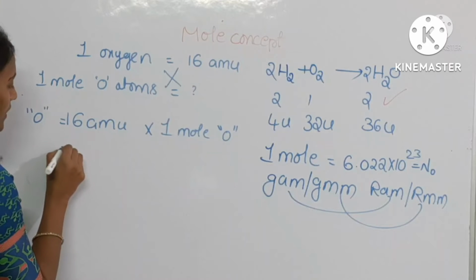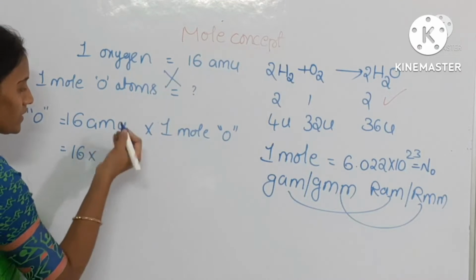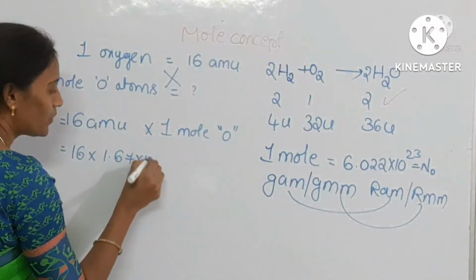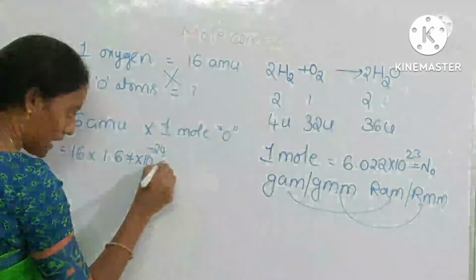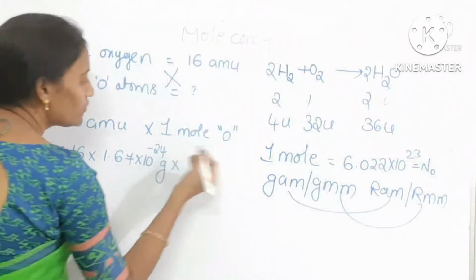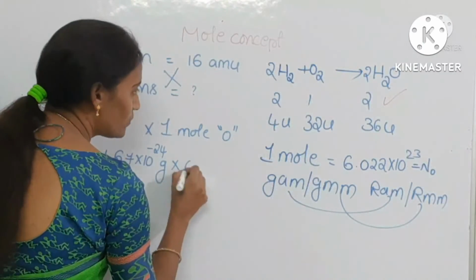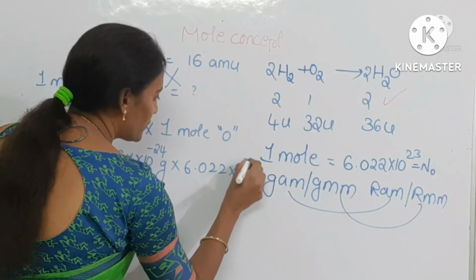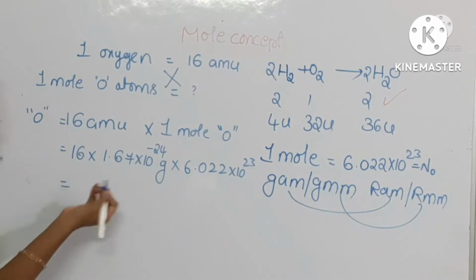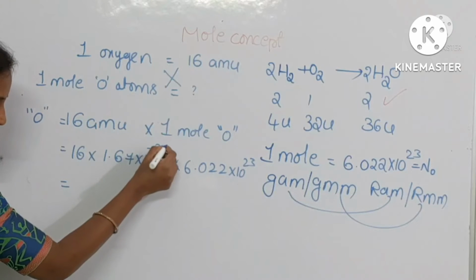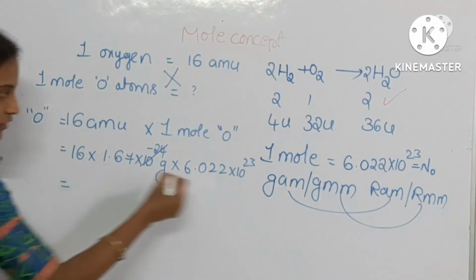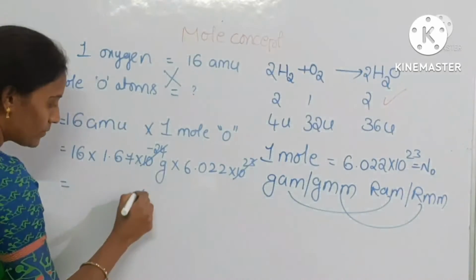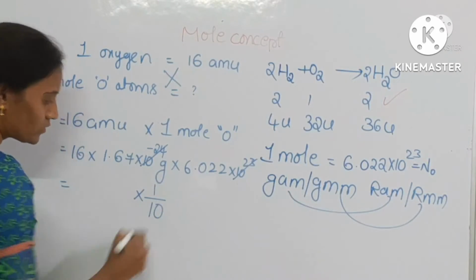So you can substitute the values. What is the AMU value? 1.67 × 10^-24 grams. And what is the 1 mole value? We already know, 6.022 × 10^23, students. So here you just simplify these values, 10^-24 and 10^23. By cancelling, the remainder is 1 by 10, students.